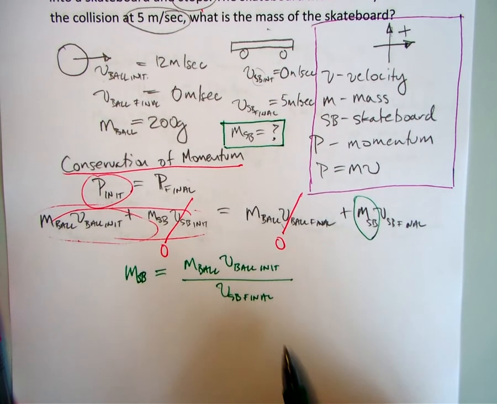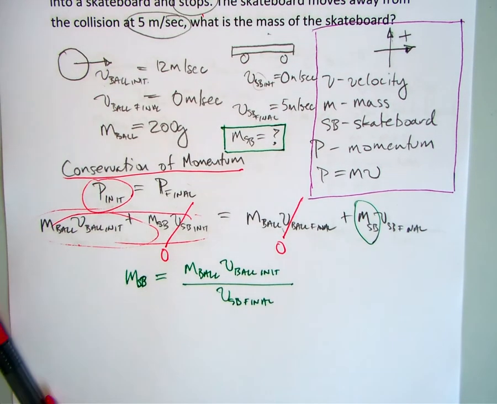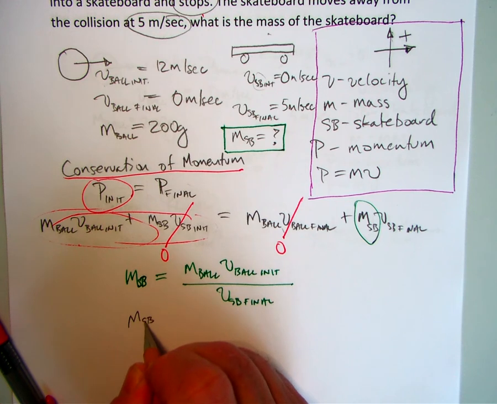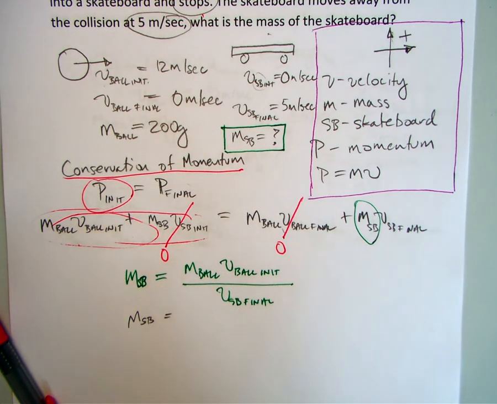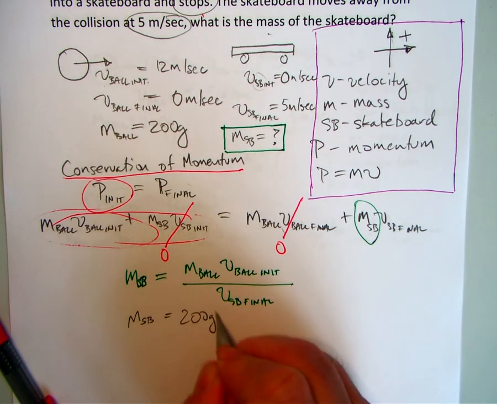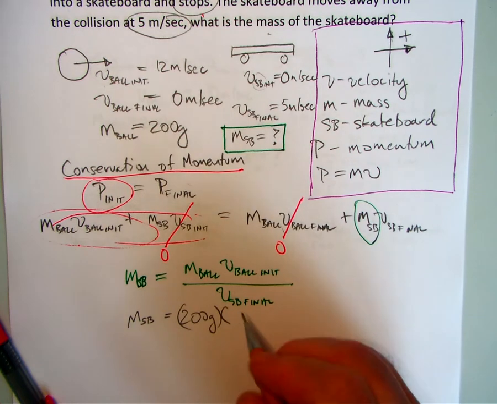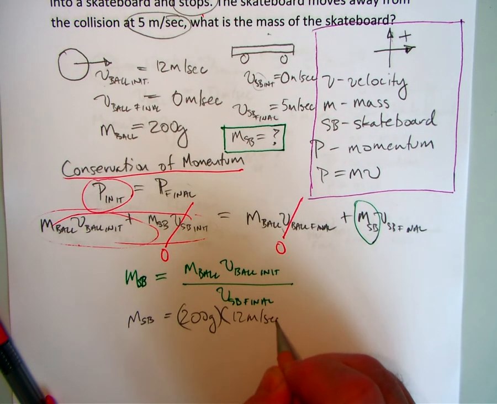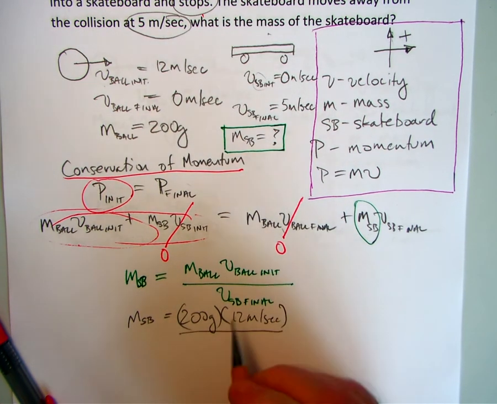All we have to do then is plug in the numbers. Mass of the skateboard is equal to 200 grams times 12 meters per second, all divided by 5 meters per second.